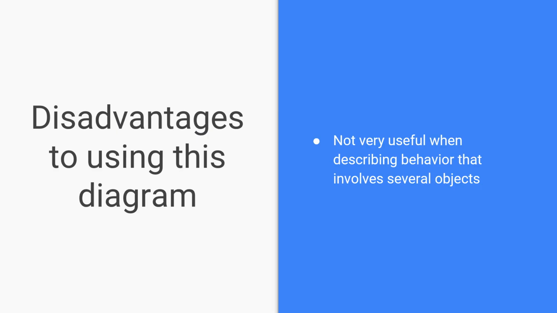Some of the disadvantages of using this diagram: as you can expect, the state transition diagram isn't always the best option when looking to represent the functionality of an object. It can be specifically difficult when trying to represent the functions of several objects working together. The flow of the state transition diagram isn't built for jumping between objects to complete a task.